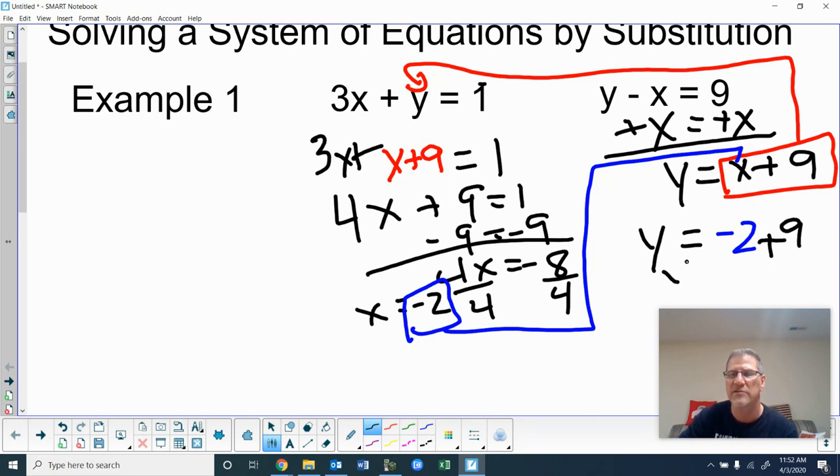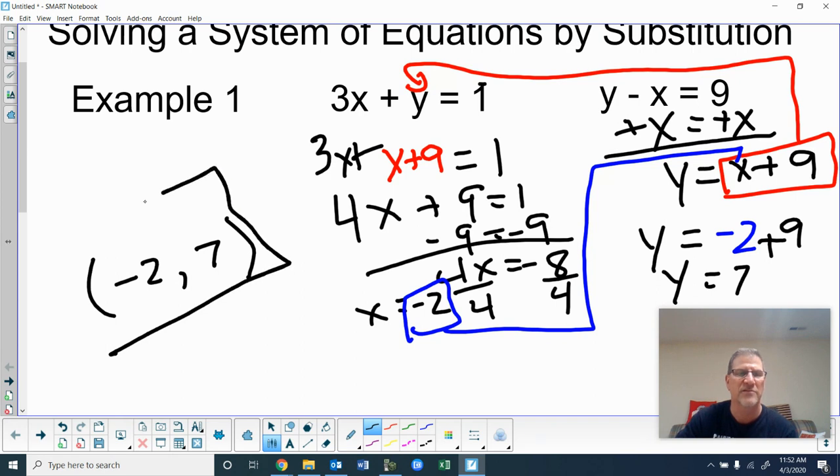And negative 2 plus 9 is 7. So my answer would be negative 2 for x and 7 for y. So we just solved that system of equations by using substitution.